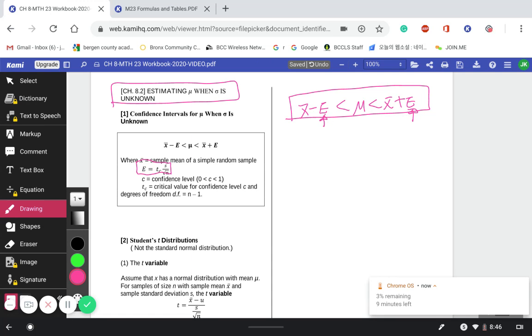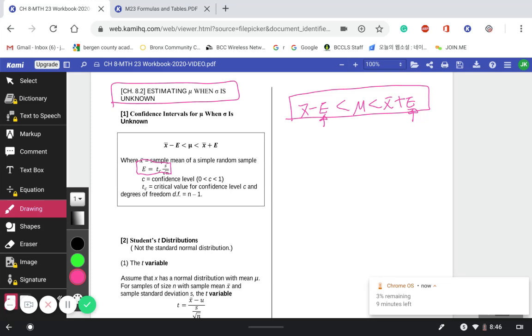Sigma is not known, so you cannot use sigma. But sigma is not known for many reasons. One, maybe it's too expensive or too costly to find sigma, or it's not easy to find for whatever reason. Maybe it's too big, or maybe locations are not good, or it's in the water, or in a sea, or on a mountain, whatever the reason. Sigma, you cannot get it.